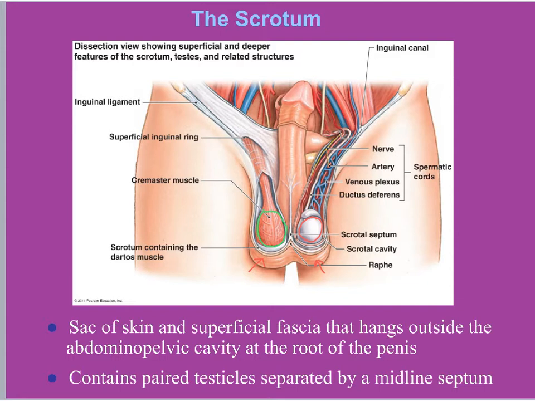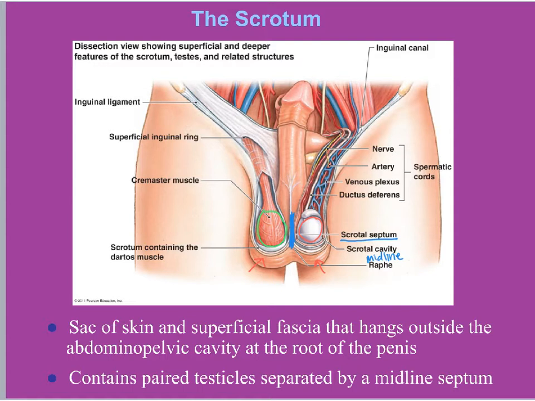The testes are separated by a structure, so they're not one large sac. There are two separate sacs separated by what we call a scrotal septum. Sometimes that's called a midline raphe. It's just a connective tissue structure that separates the two into completely separate compartments.